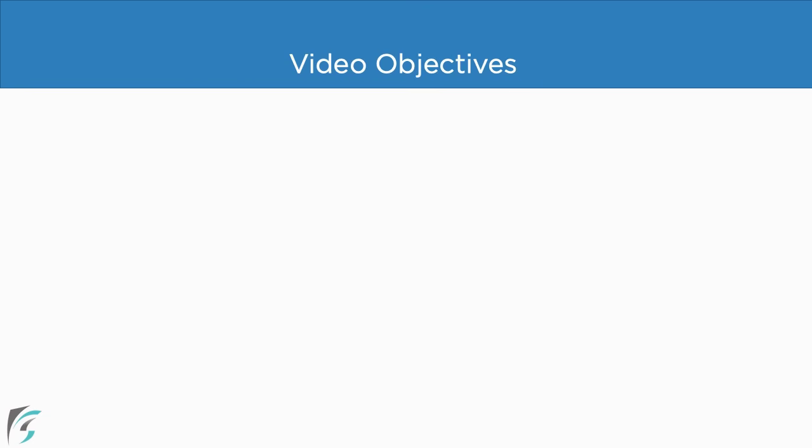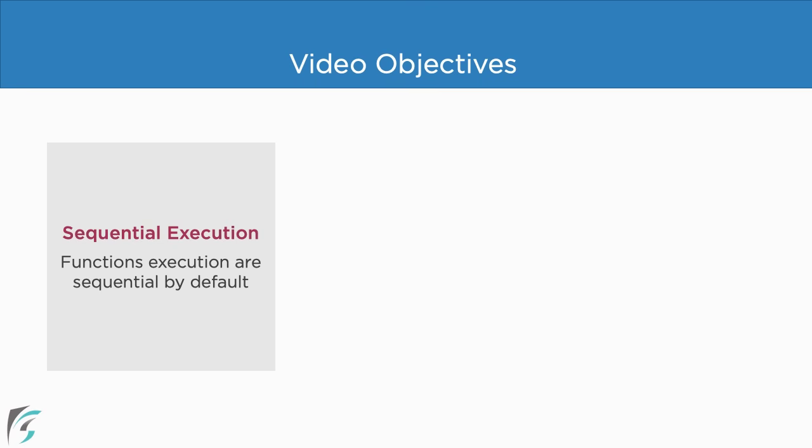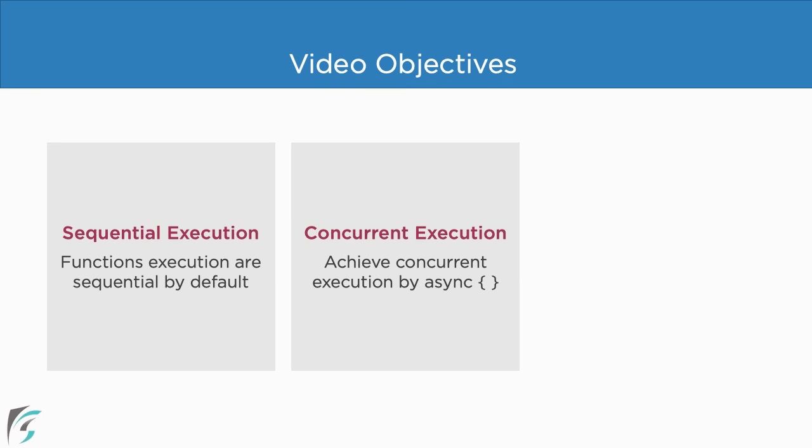So let us now see what we are going to cover in this video. We will first see how function executions within a coroutine are sequential by default. Then we will find a workaround to make them concurrent, that is, execute those functions in parallel instead of sequentially.